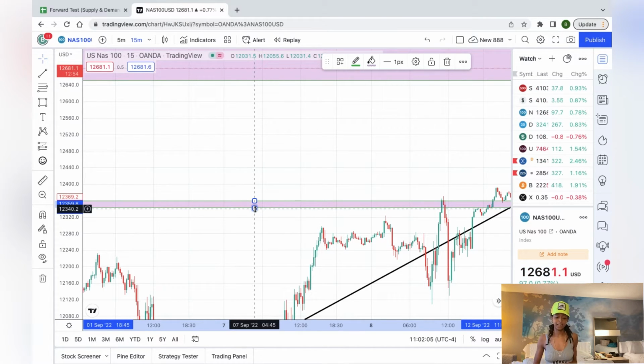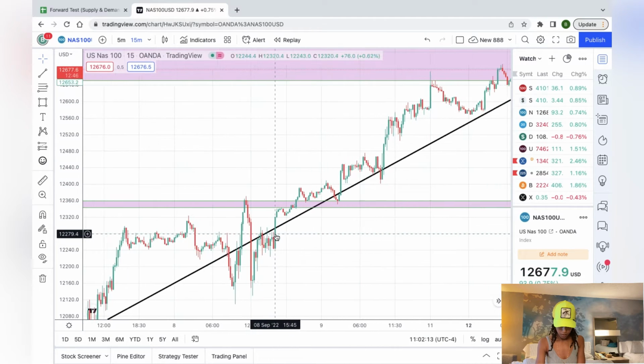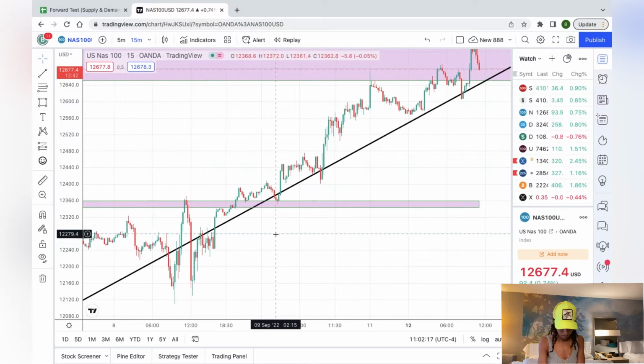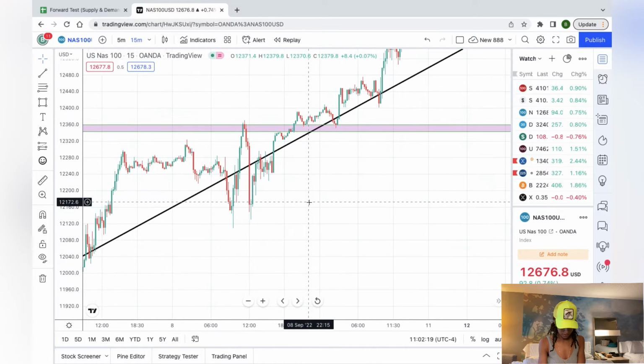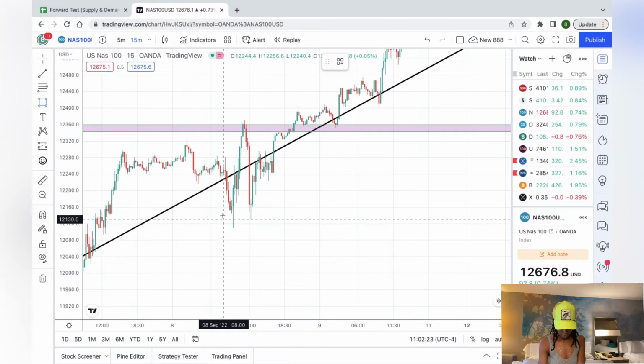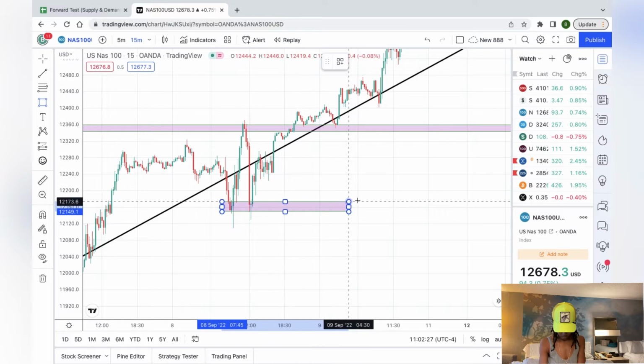Same thing with the trend line. If you can touch it at least 3 times, that's a trend line. So we mark the zone right there. We just did the resistance, so let's do the supports. This is the top. Let's do the bottom. That's how you do it.